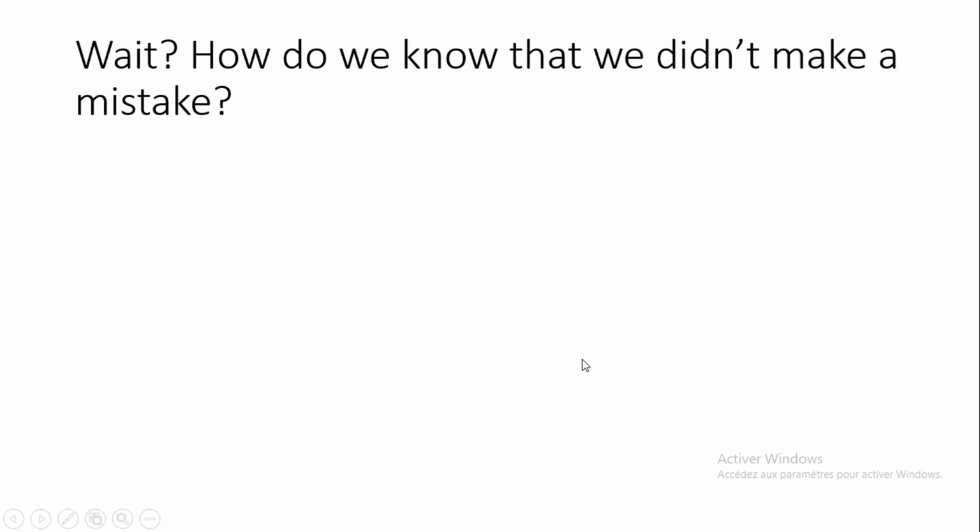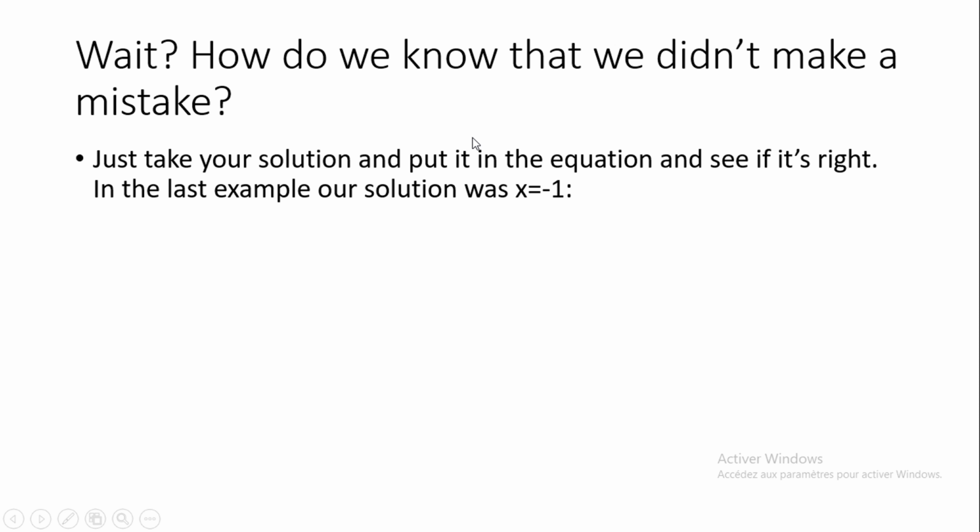Now, one last thing before the recap. How do we know that we didn't make a mistake during our calculations? Well, it's easy. We just take our solution and put it in the equation and see if it's right.